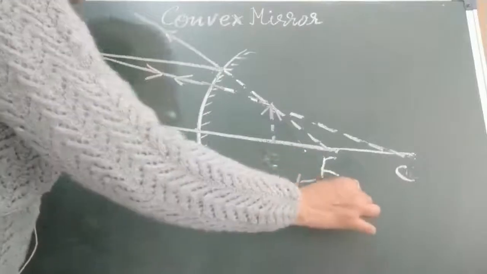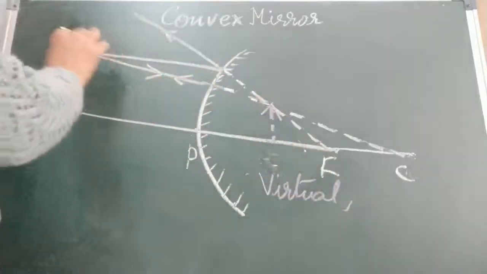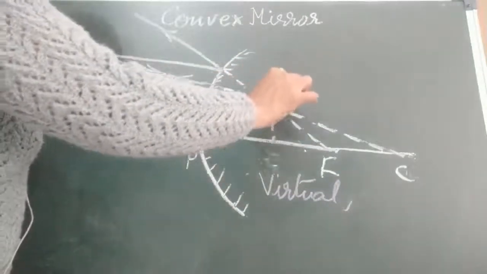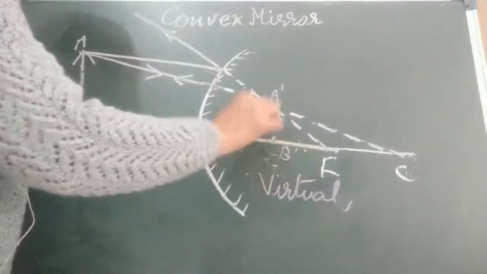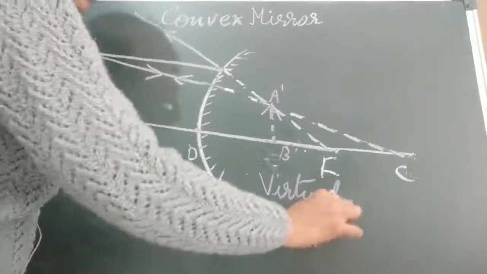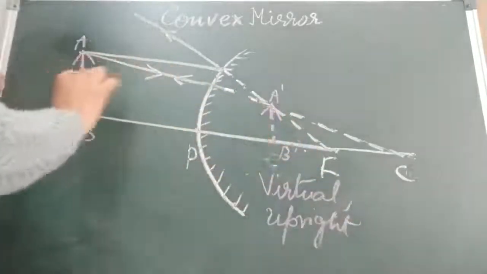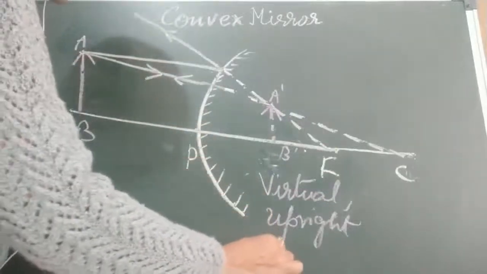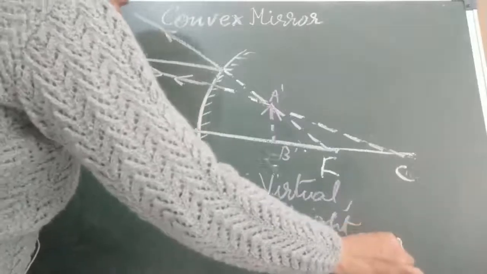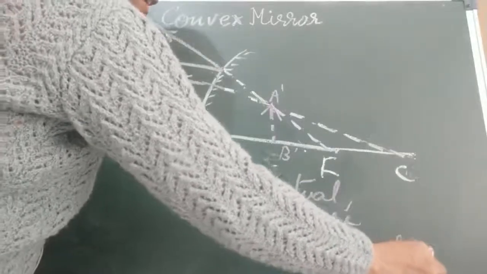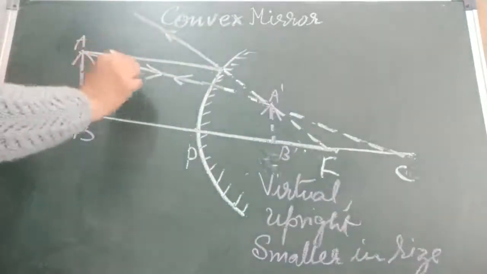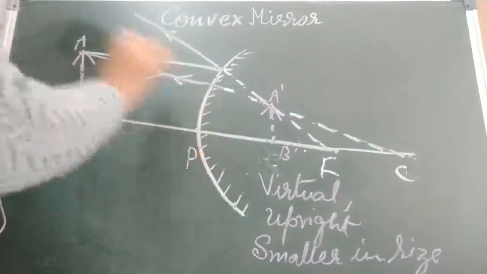Virtual, and you are seeing this is A B, this is A dash B dash. Virtual, upright, and smaller in size. Children, wherever we keep the object, here or here, the same thing will happen.